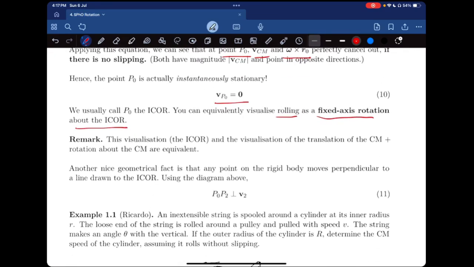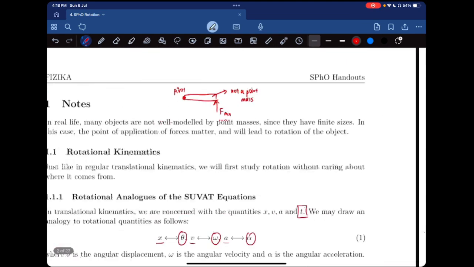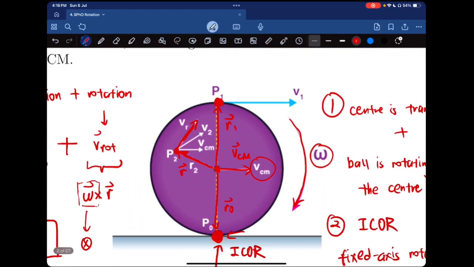Another nice geometrical fact that you can use that concerns the I-core is that any point on the rigid body moves perpendicular to a line drawn to the I-core. So an example is shown here. Let's say you draw a line connecting point P2 and the I-core, which is P naught.